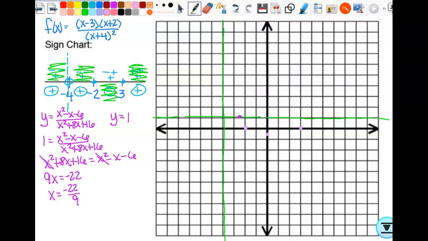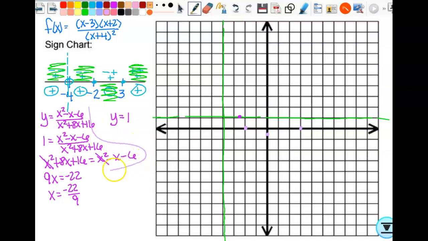So let's see. From negative infinity to negative 4 on this side of the asymptote, this is positive the whole time. So I know not only is it positive the whole time, it is not going to intersect the asymptote over here because I've already figured out that it intersects once and it's right here. Okay? But I need at least 1 point. So let's do negative 5.